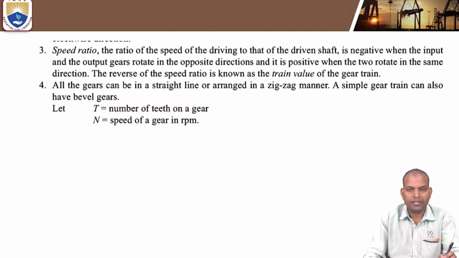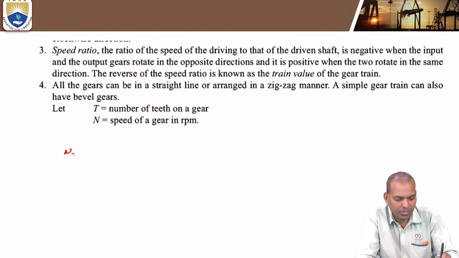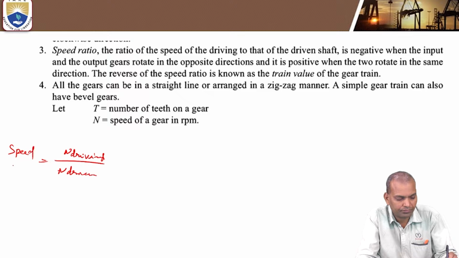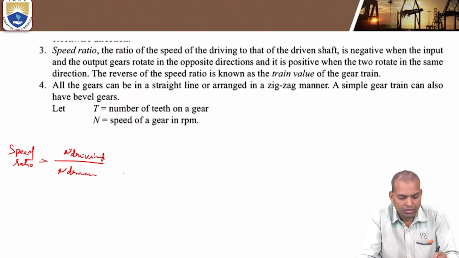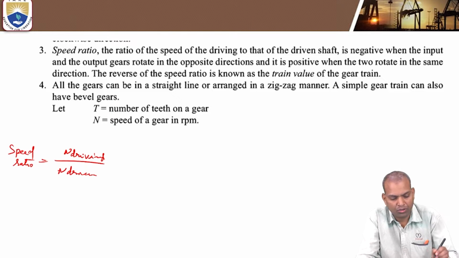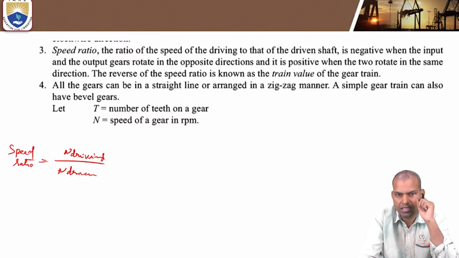Now, what is the speed ratio? The ratio of the speed of the driving shaft to that of the driven shaft is known as the speed ratio. It is negative when the input and output gears rotate in opposite directions. It is positive when the driver and follower rotate in the same direction.